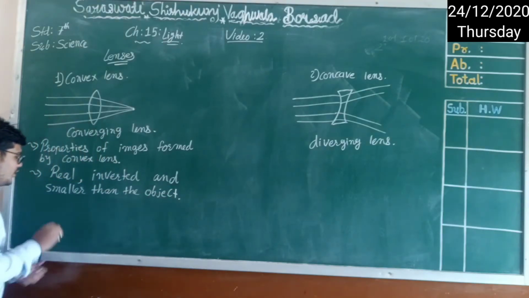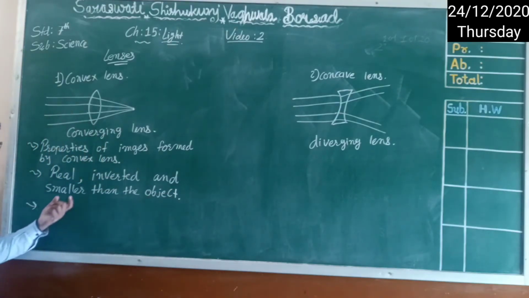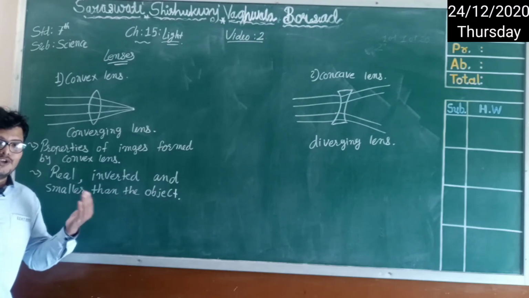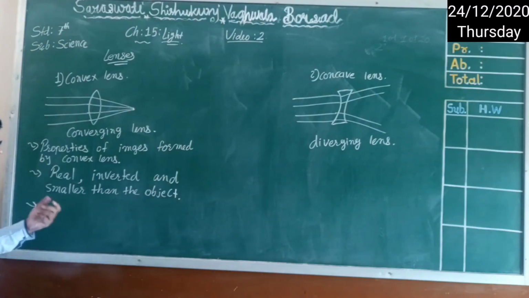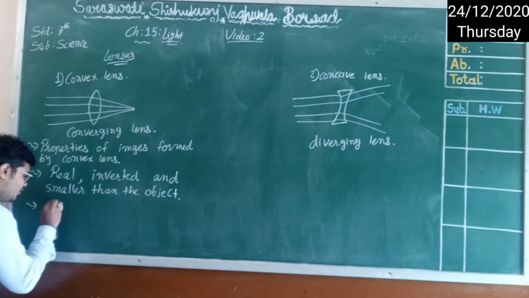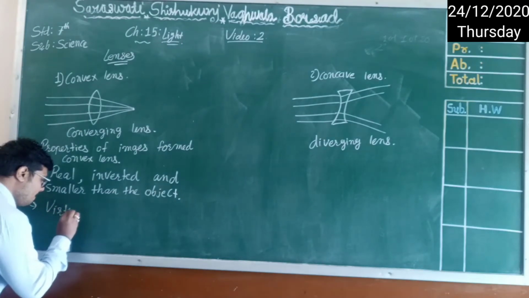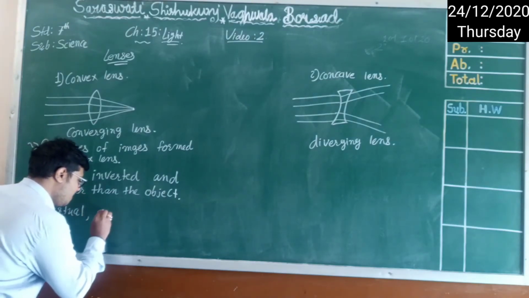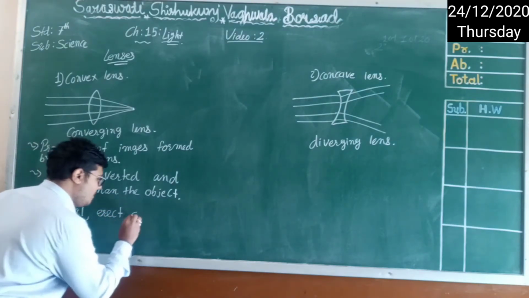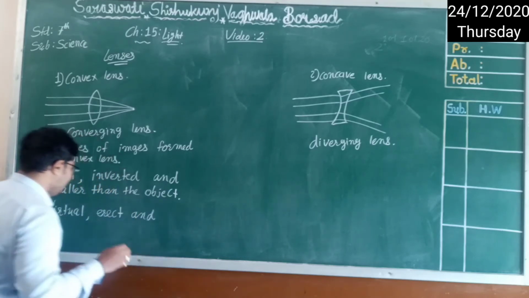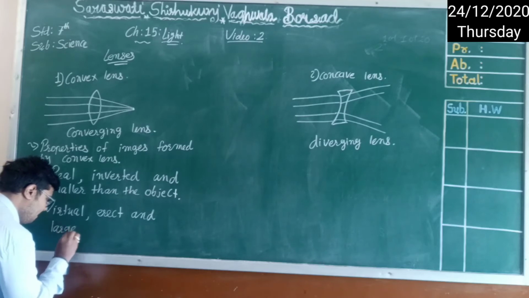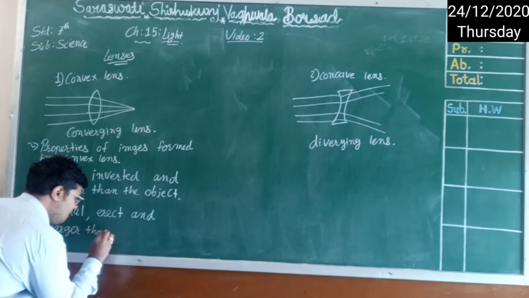Now when you are keeping the object very close to the lens, then your image will be virtual, erect and larger than the object.